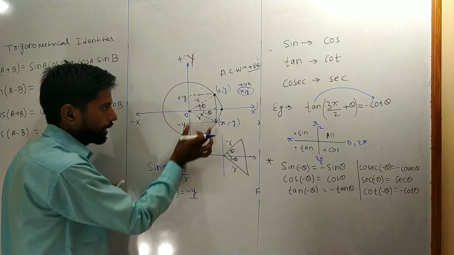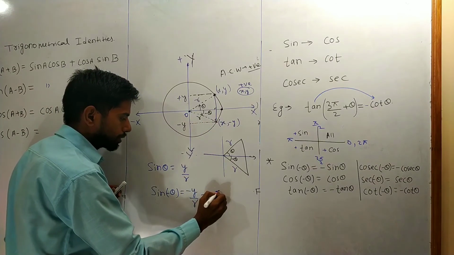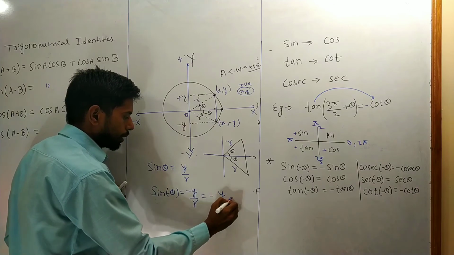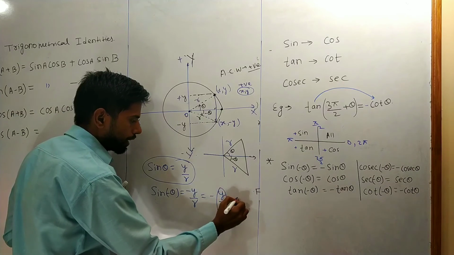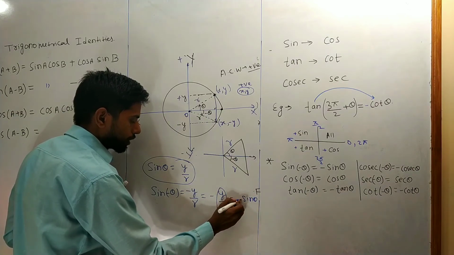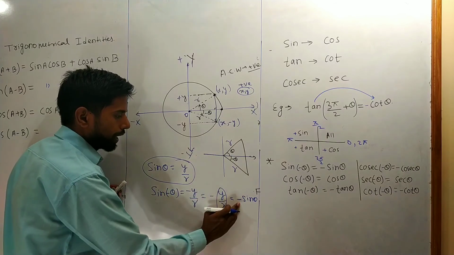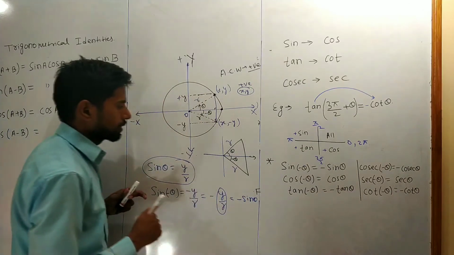So minus y by r. What is y by r? Sine theta. So sine of minus theta is minus sine theta. That's why I have written sine of minus theta is minus sine theta.